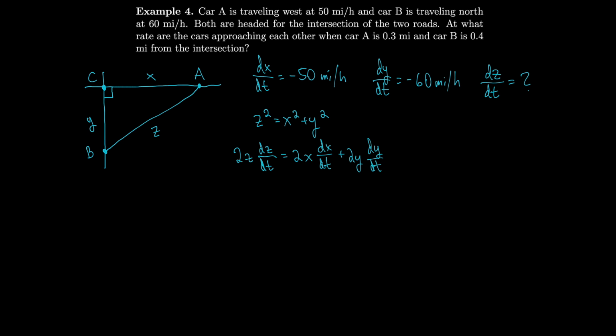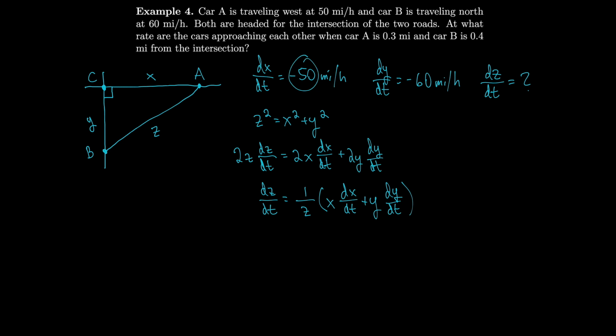Okay, we solve for dz dt by dividing. We get 1 over z, because we can cancel out the 2's, and we get x dx dt plus y dy dt. Okay, so now we have a whole bunch of stuff we want to plug in. We only want to know dz dt. So that means we have to be able to plug in for z, for x, for dx dt, for y, and for dy dt.